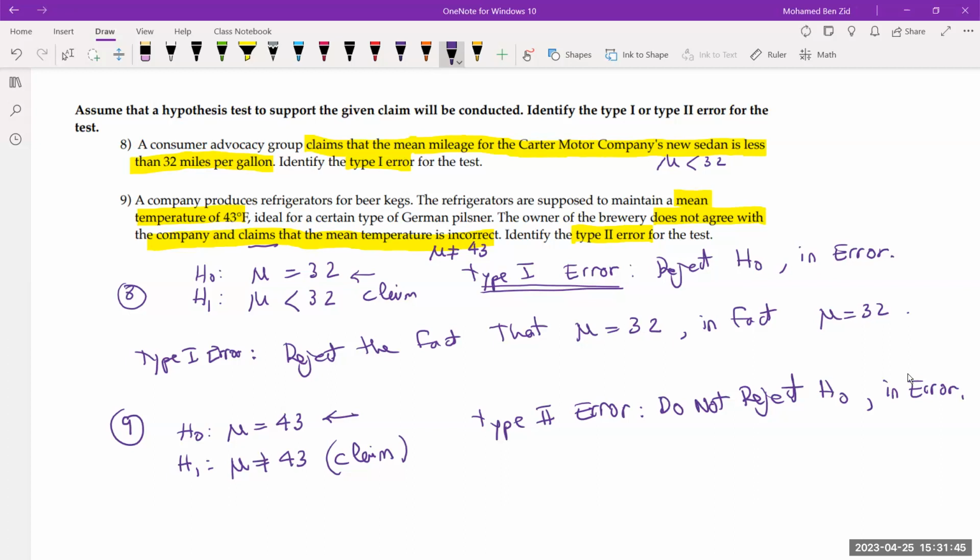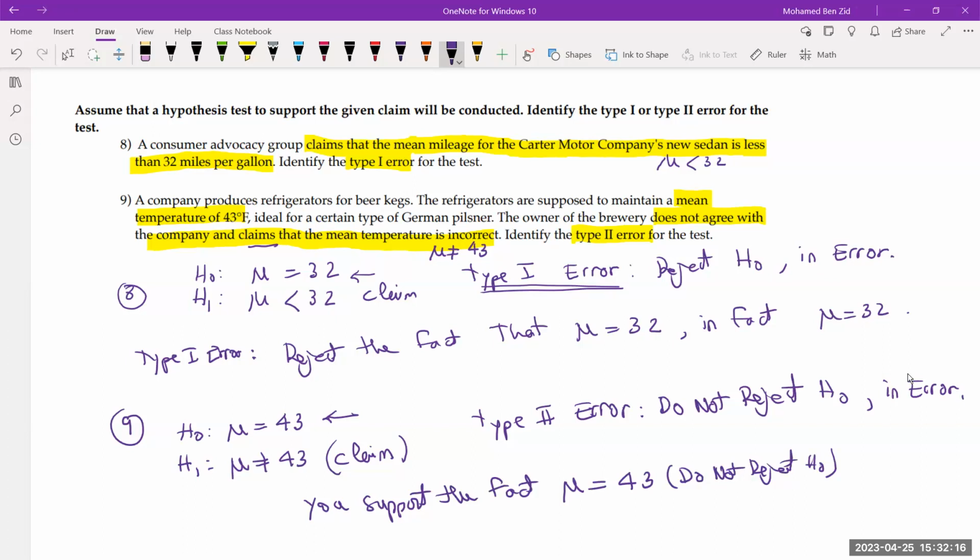And what does do not reject mean? It means you are supporting, or you thought, that the mean is equal to 43. That means do not reject H0.